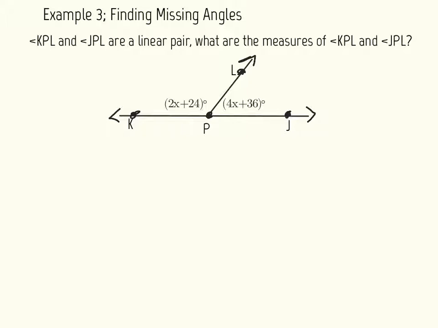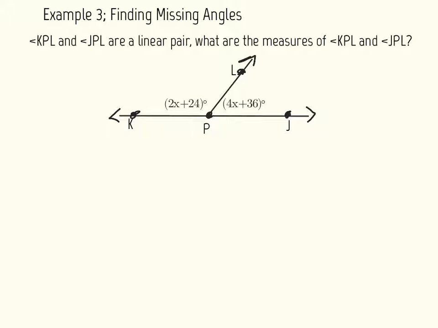For this last example, we have angles KPL and JPL are a linear pair, which means they add up to 180 and they're adjacent right there. What are the measures of angle KPL and JPL? So first thing we have to do is find x.